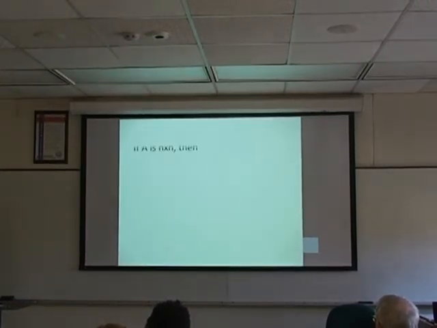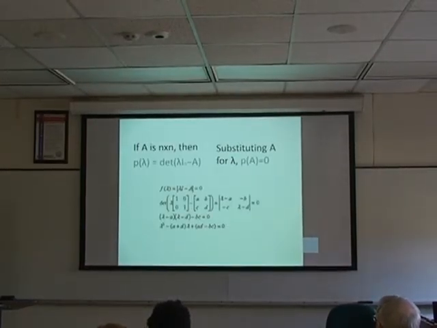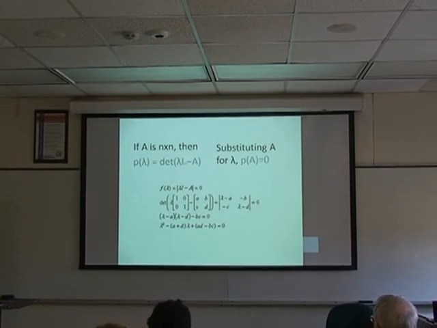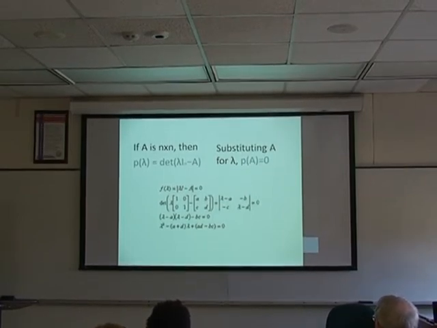So if A is an n by n matrix and I sub n is the square identity matrix, then P of lambda equals the determinant of lambda times the identity matrix minus A. And if you substitute matrix A into the characteristic polynomial for lambda, then that gives you the 0 matrix. So I'm going to show you an example.